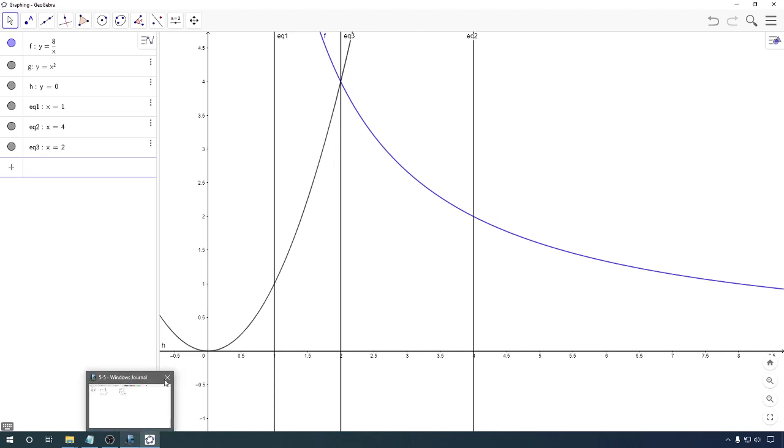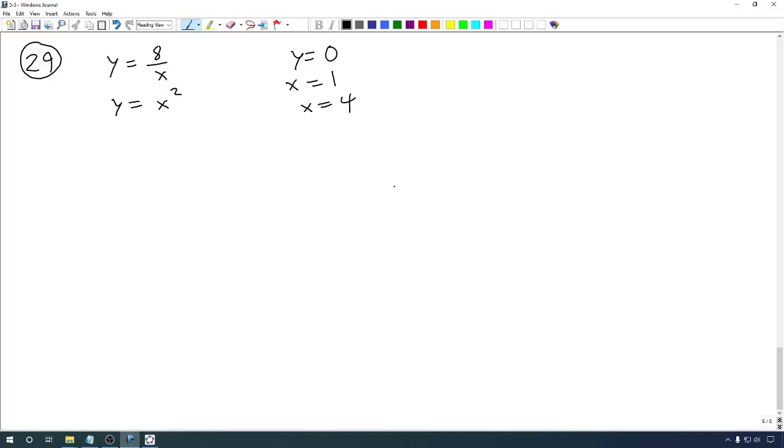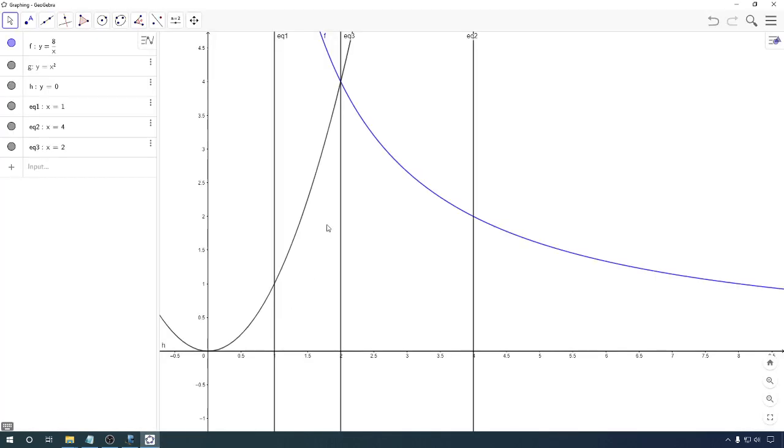So don't just blindly go ahead and subtract your two functions and go from there. You actually do want to figure out exactly what is going on in your region, because sometimes they can throw you curveballs like this. So from 1 to 2, that's this first region.